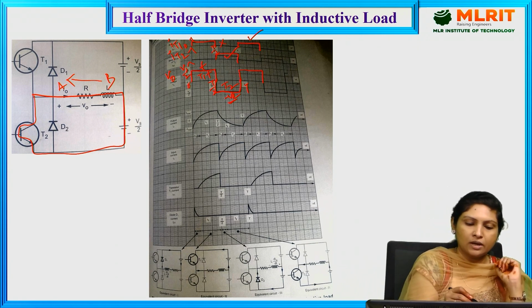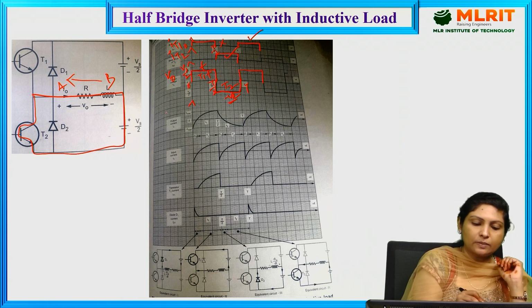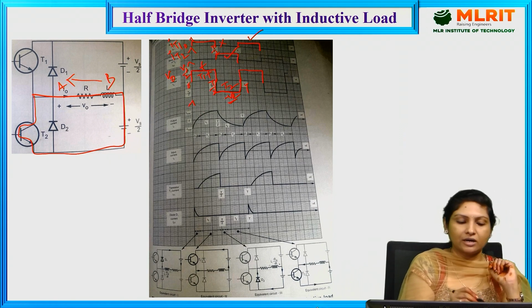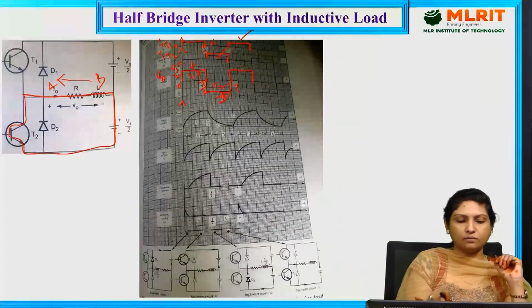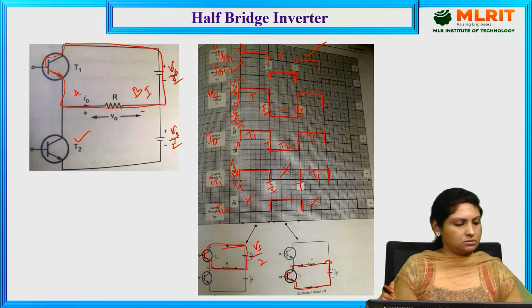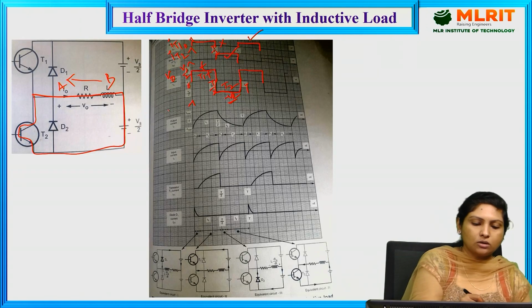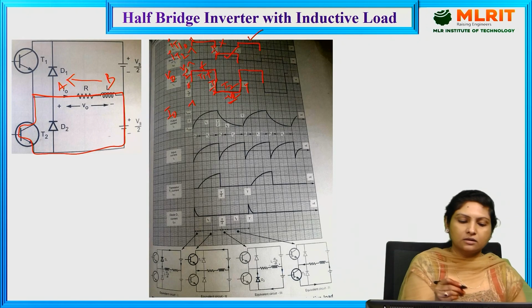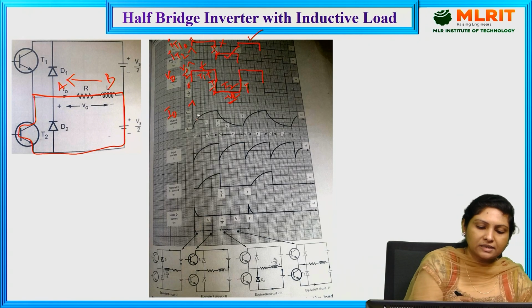And now, the moment when transistor 1 is conducting, let us examine the output current waveform. This is I0. And here, current started building at a slow rate. Why at a slow rate?